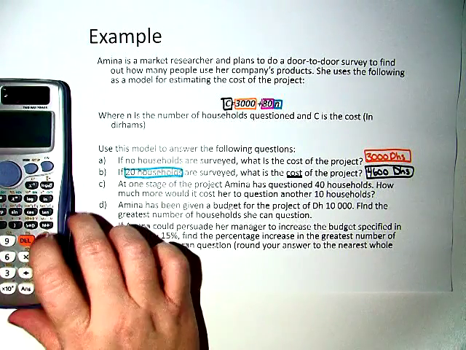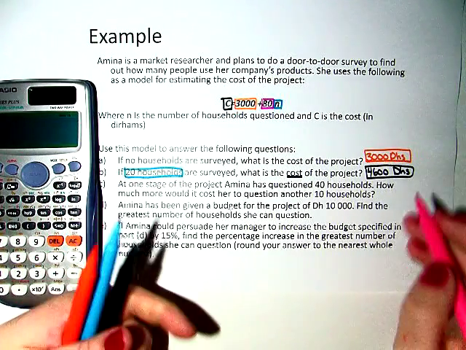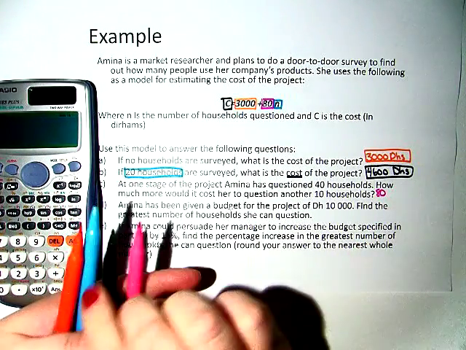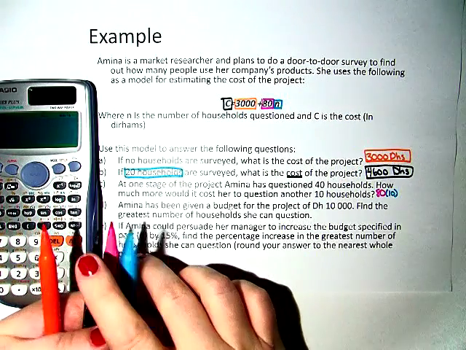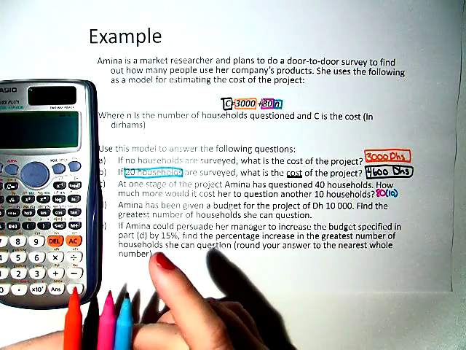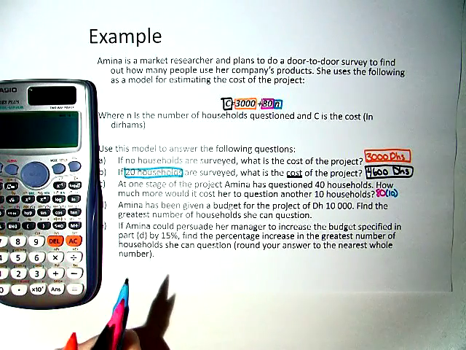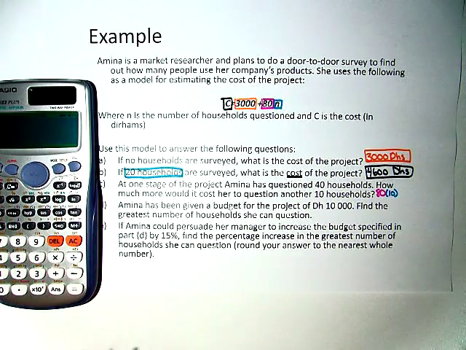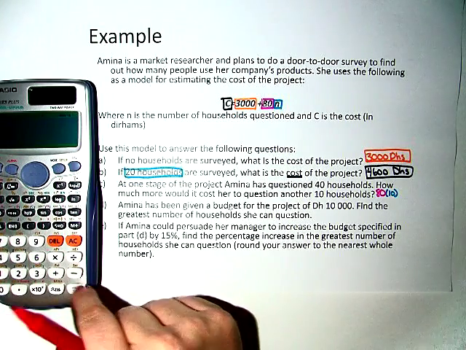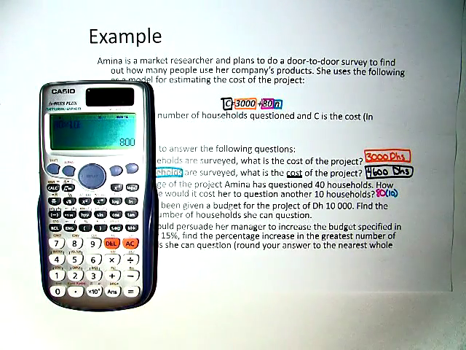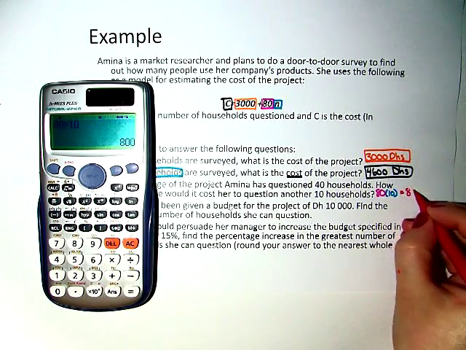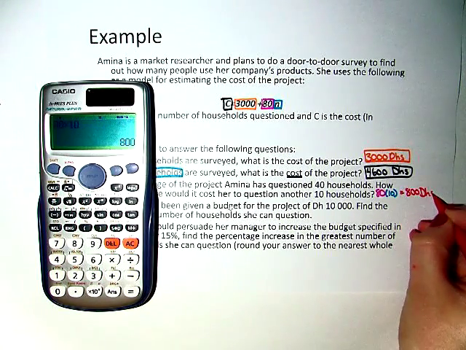So we would take 80 and multiply it by 10 and ignore the 3,000 because that has already been factored in. So it would cost her an additional 80 times 10, so an additional 800 dirhams.